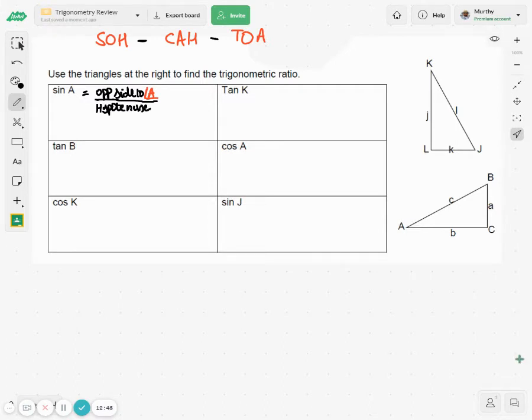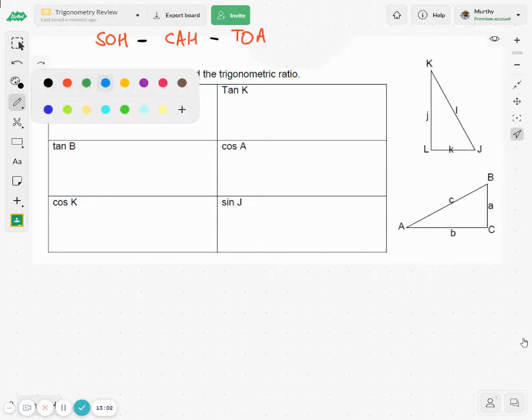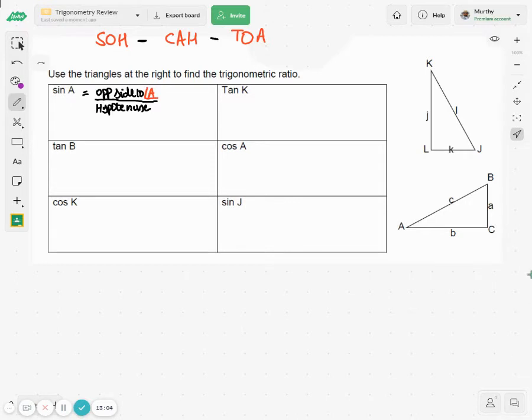Now, where is A? I see that A is here. What is opposite side? Do you see that small letter a? Yes. And what is hypotenuse? As I suggested before, please do mention what is hypotenuse. You know that the longest side is the hypotenuse.